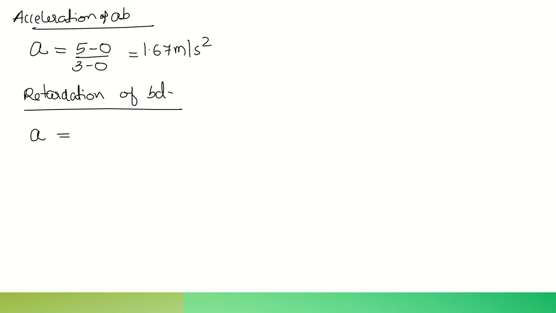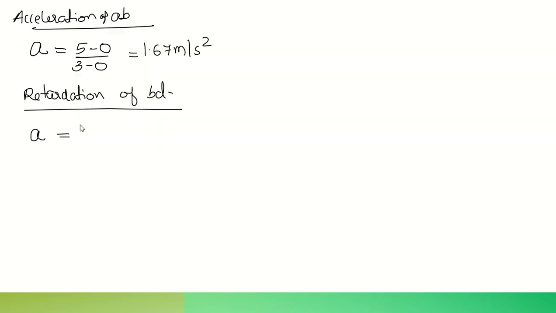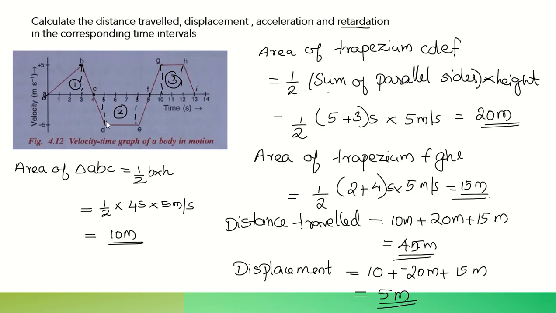Okay. So for BD, we can take the slope of BD. It's coming from B, right? It's starting from 5 meter per second as initial velocity and final velocity is, again, minus 5 meter per second. So we can write minus 5, this is final, minus initial 5 meter per second divided by time. What is the time interval in that? We have D, the final velocity corresponds to 5 seconds.